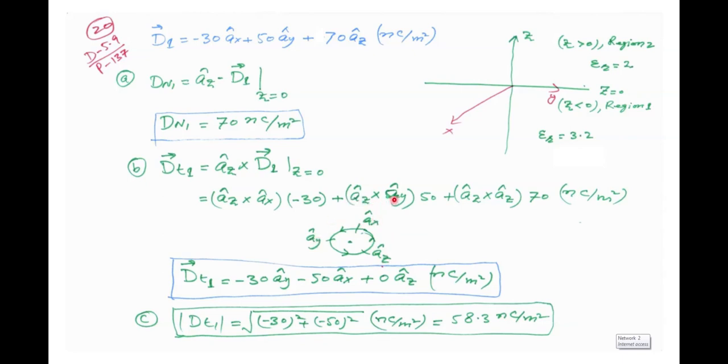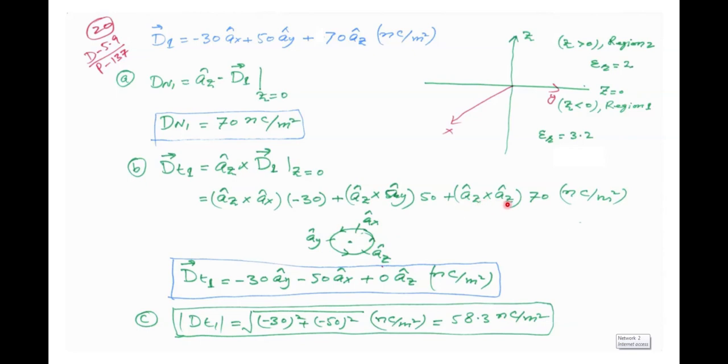AZ cross AY equal to minus AX, using the right-hand procedure for the unit vector triplet product. So AZ cross AY equal to minus AX unit vector, because this product is carried out in the clockwise direction.